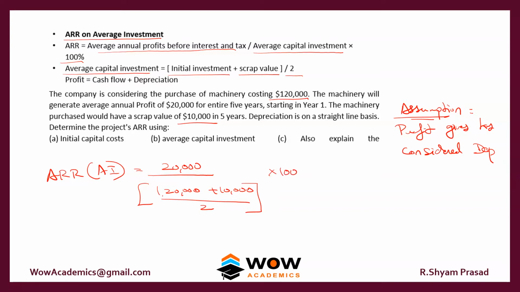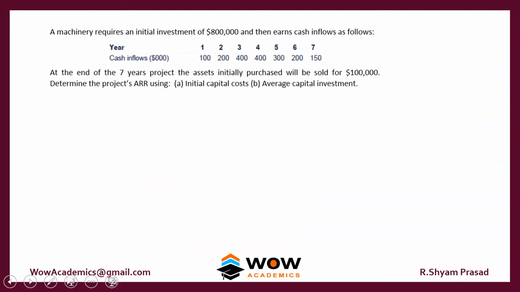Into 100 will give you the answer. So the denominator will come to 65,000. Our answer comes to 30%. That's the ARR on average investment method. The denominator is the one which changes, so just note that. Go to the next method.